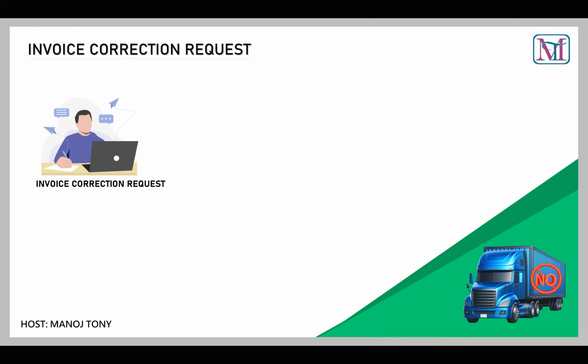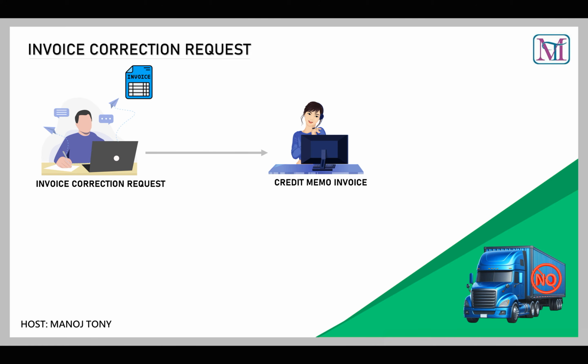In invoice correction request, first step, the end user will create the invoice correction request. This is the sales order. So the user will create the invoice correction request with reference to the previous invoice. Then the user will create a credit memo invoice.